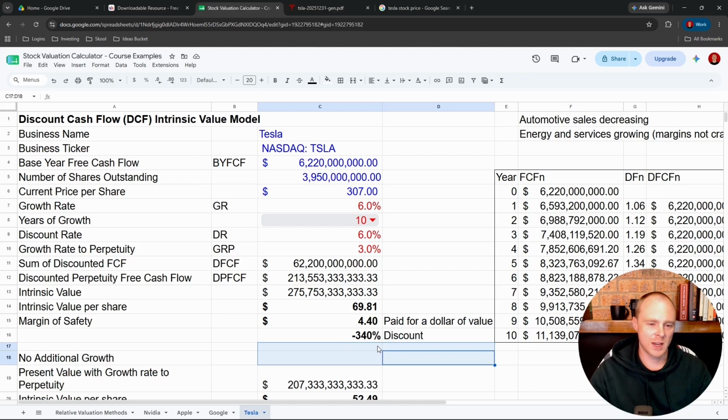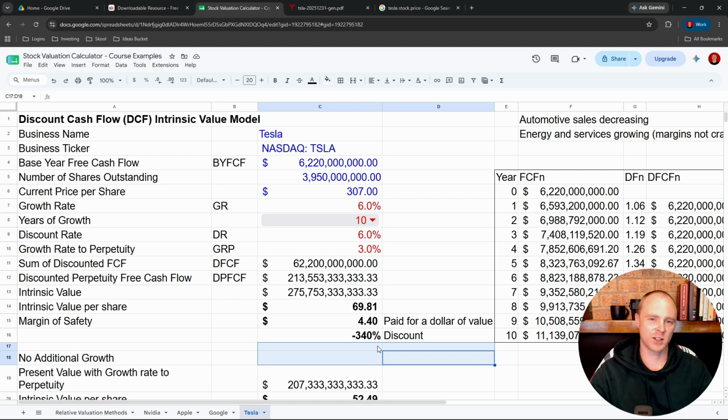And what it means is a lot of investors are putting a lot of weight on the future prospects of the business. They're hoping that the business will be able to make huge profits in the future. But those huge profits in the future, remember, need to be discounted back to today.